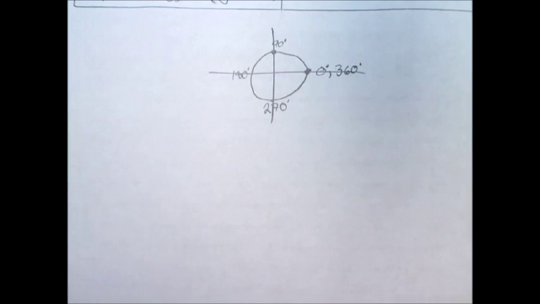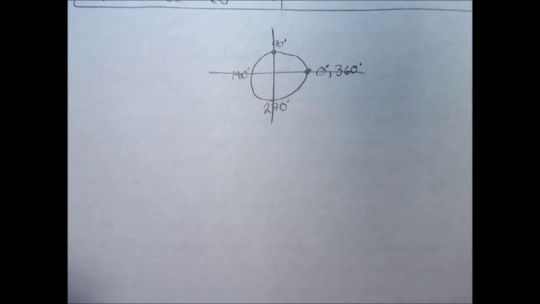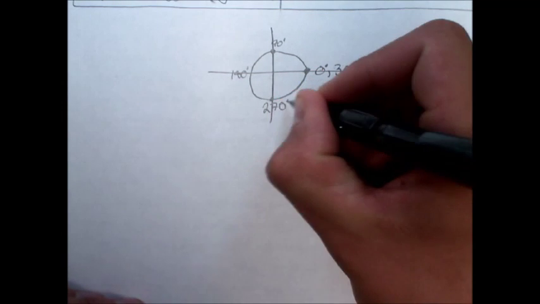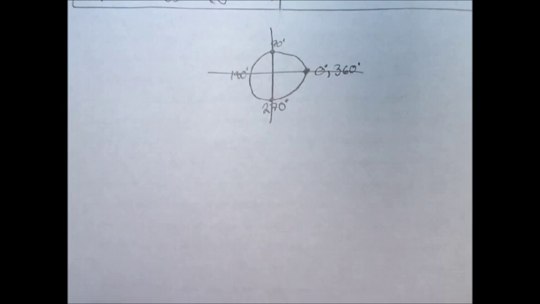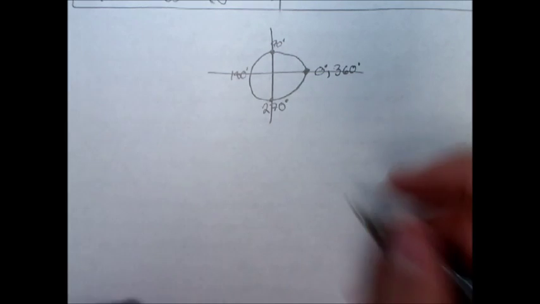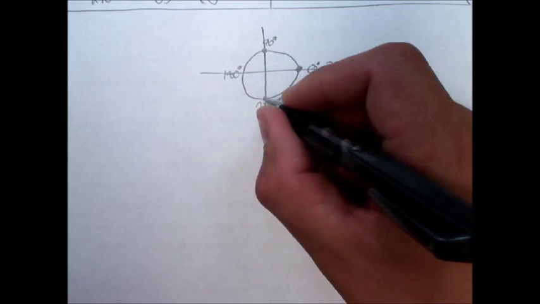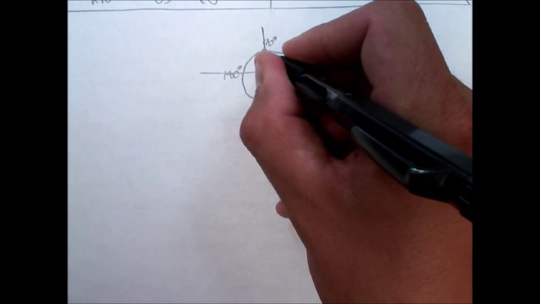Now what if I said go negative 90? What is that equivalent to? Remember, I'm starting here and I go negative 90. So it's the same as positive 270. Negative 270 went 90, 180, and then 270, right?